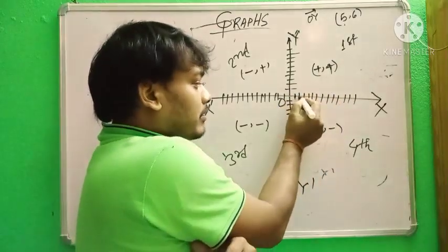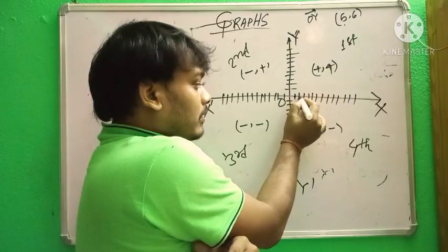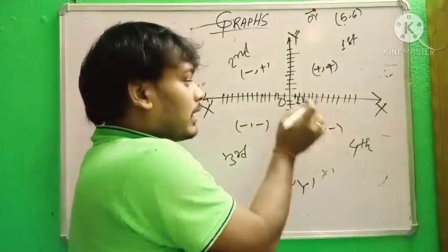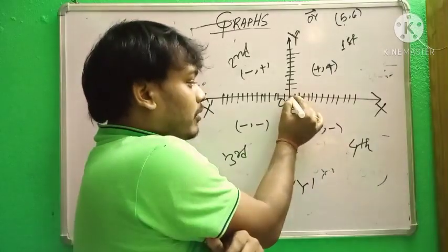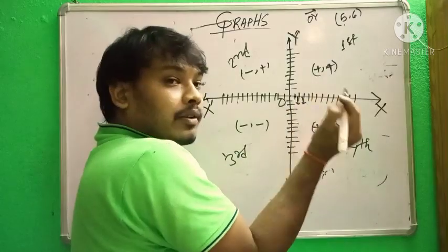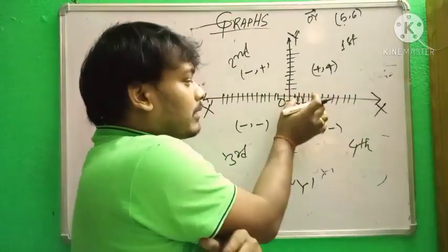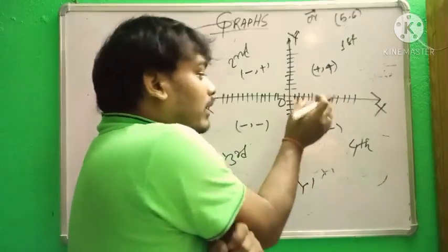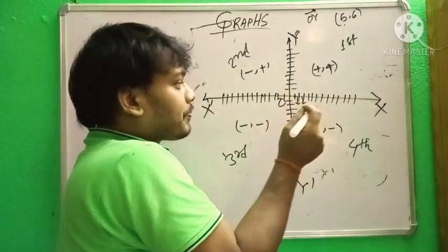That means if the distance from here to here is 5 centimeters, then the distance from here to here is also 5 centimeters. That means all gaps are equal. Okay.